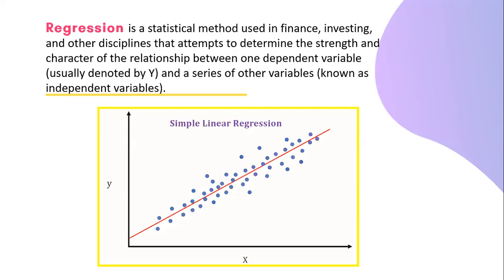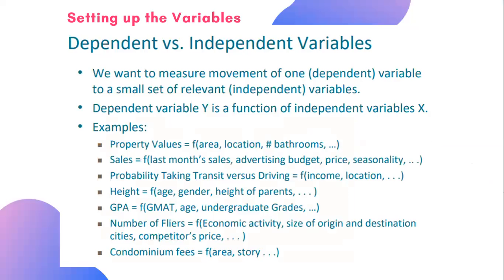And there may be more than one independent variable. So you may have a rather long regression equation with x1, x2, x3, x4, various variables, but there's always going to be one y variable. And I'm going to explain this using a couple of examples.